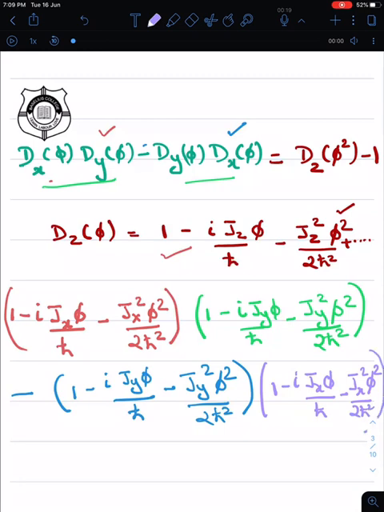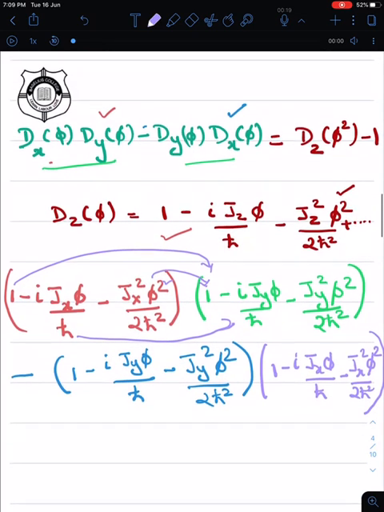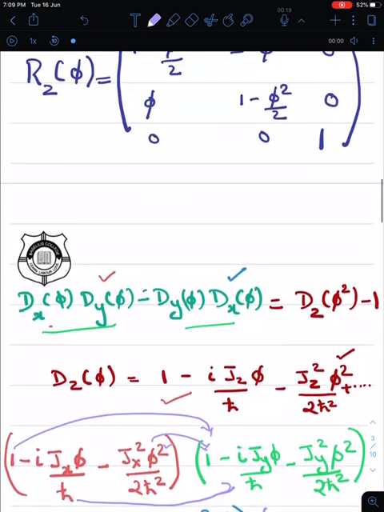Now we have to multiply these terms. 1 should be multiplied by this whole bracket, and again you have to see that the limit is only till phi square. So let's start. We'll give all this an equation number.